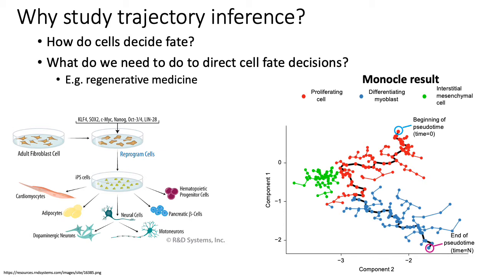Trajectory inference refers to a bunch of computational methods which are applied to look at these 2D scatter plots and draw these so-called trajectories or differentiation pathways, where the start of the trajectory, what I've labeled here as time equals 0 for pseudotime, represents the start of, for example, differentiation, and the end of pseudotime, where time equals n, is where the computational method thinks that differentiation has stopped.